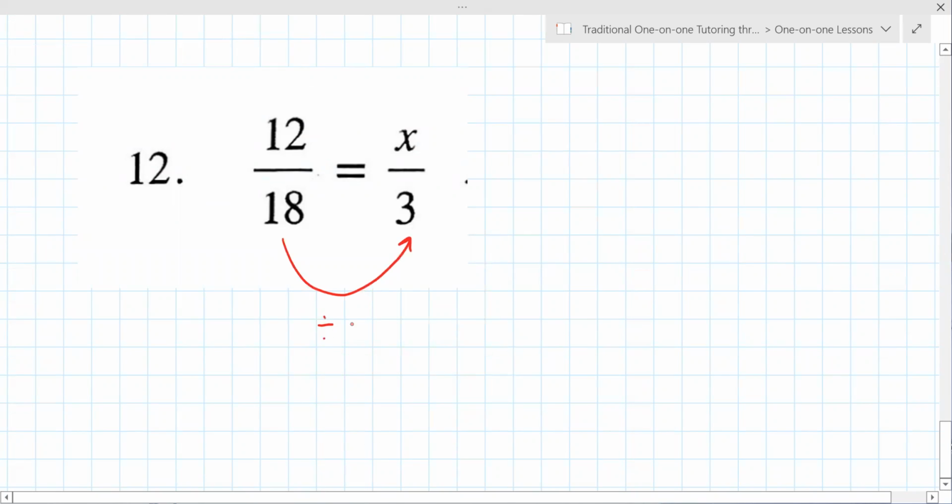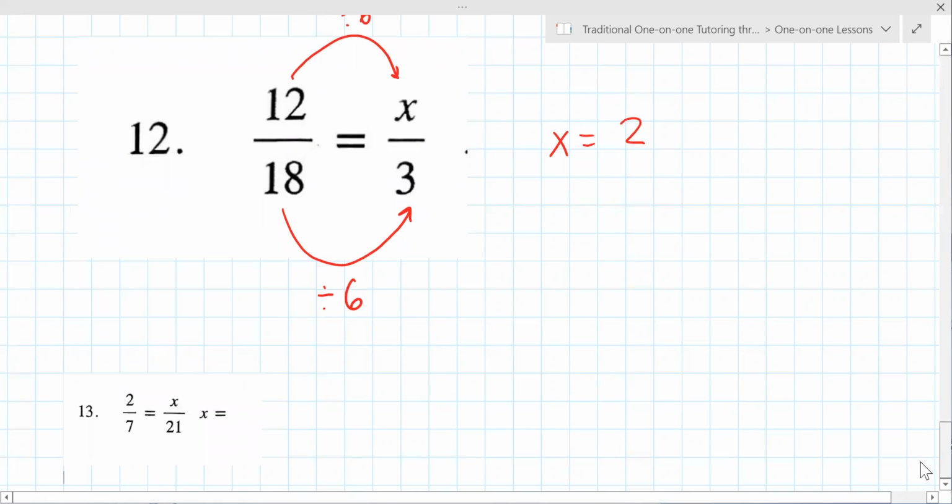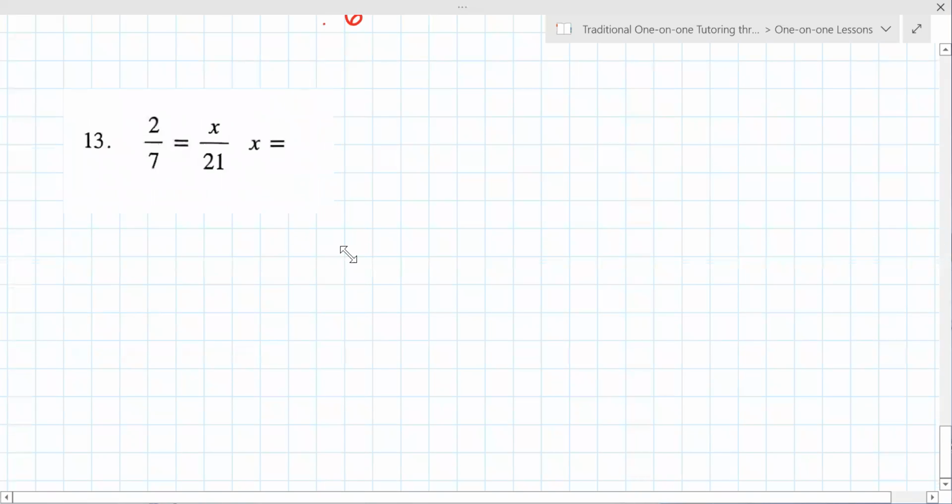So you divide by 6. 18 divided by 6. So 12 divided by 6 is 2. So x equals 2. Whenever you're ready, I'd like you to try 13 on your own, please. Okay.